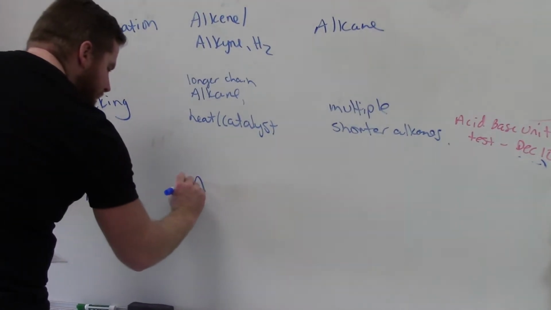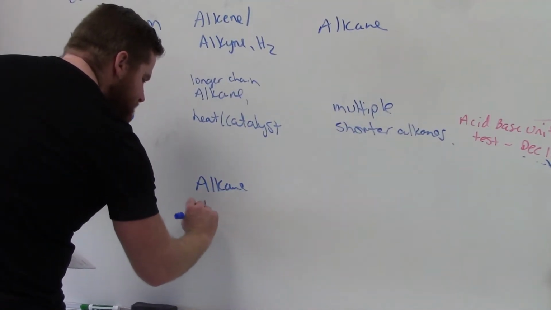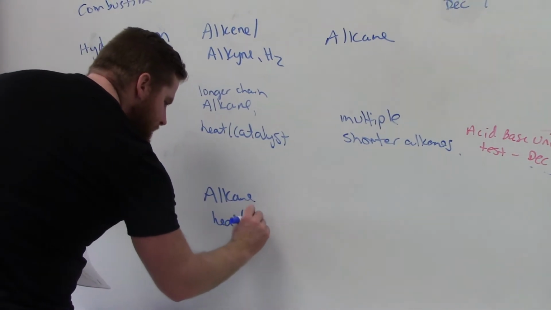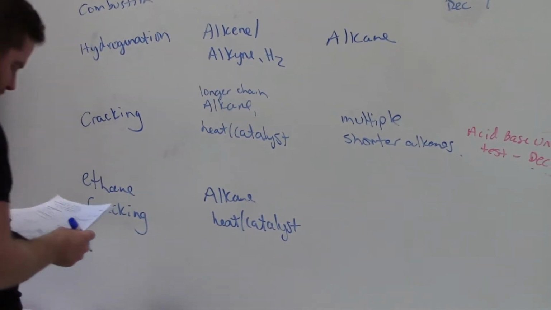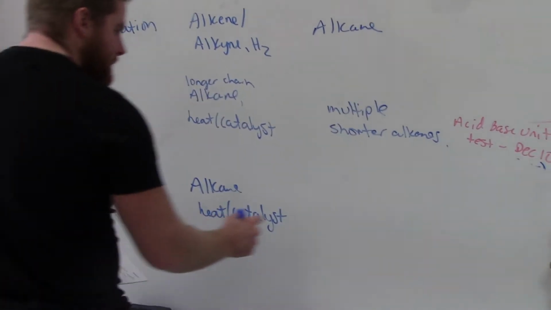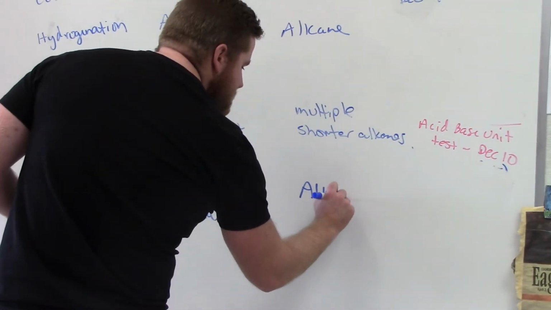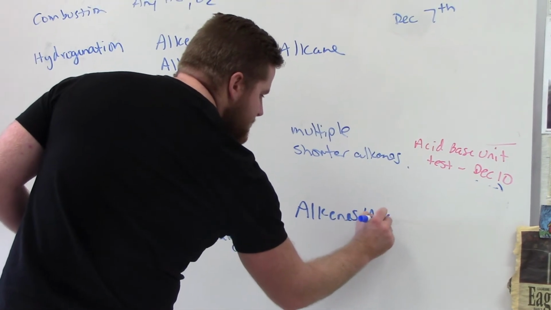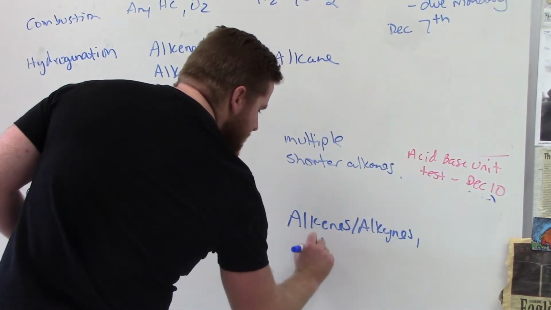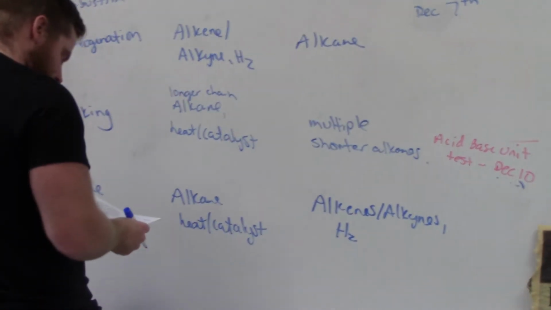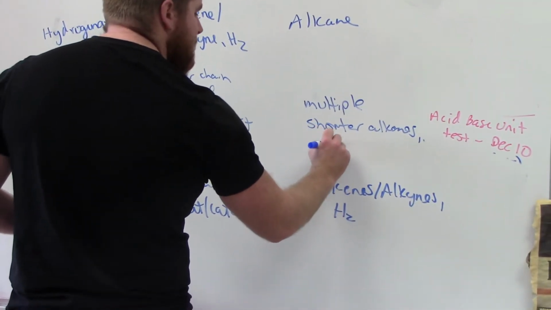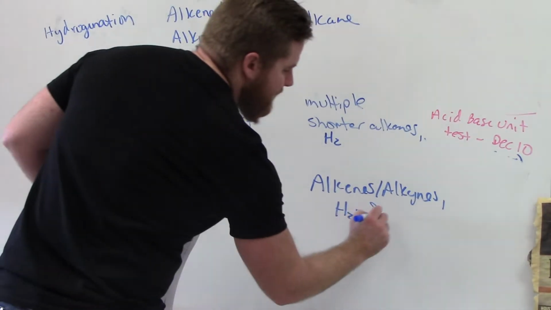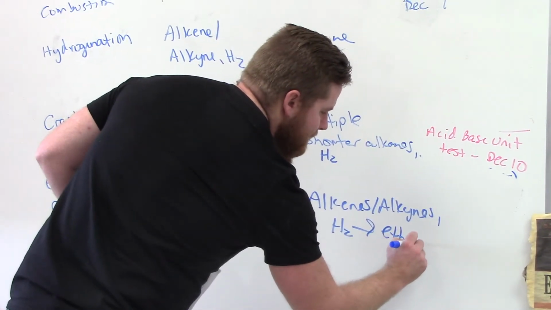So you take an alkane, use a heat or a catalyst, and you're going to make alkenes and alkynes and hydrogen. And I should put hydrogen here as a product as well. But your biggest one's going to be ethene.